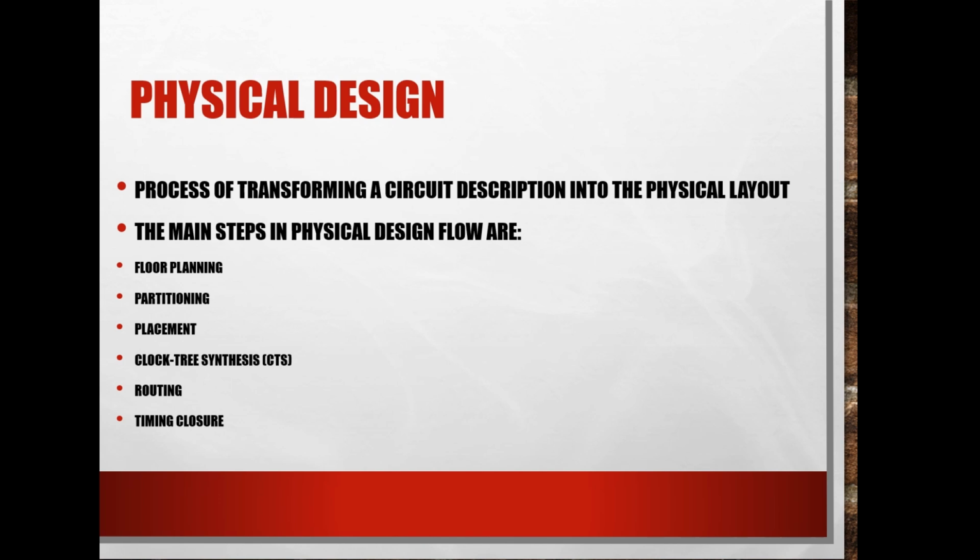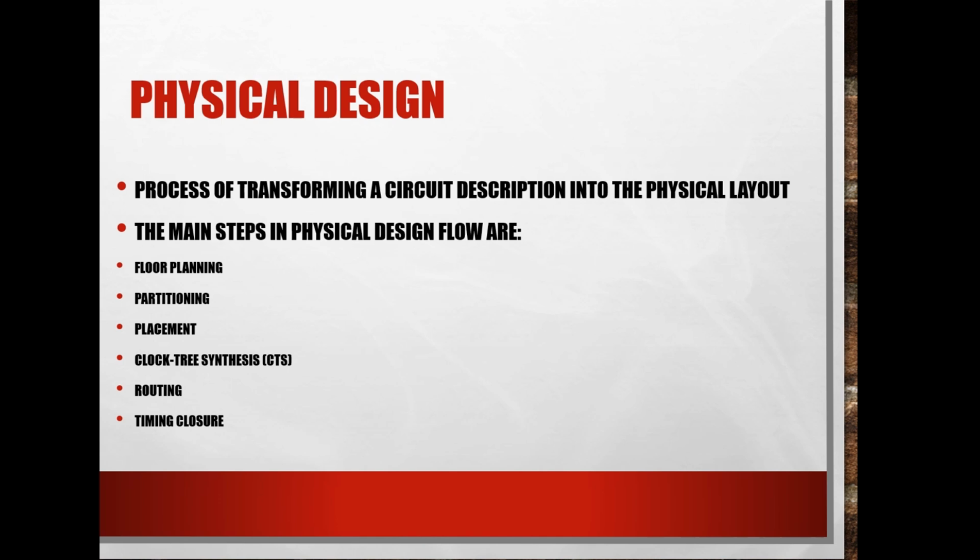physical design. As I have already told you in the initial slide, this physical design consists of multiple steps inside it. So first of all, we need to understand what physical design is. Physical design is the process of transforming a circuit description into the physical layout. In the previous step, you described your circuits, what gates we have used, what components we are using.